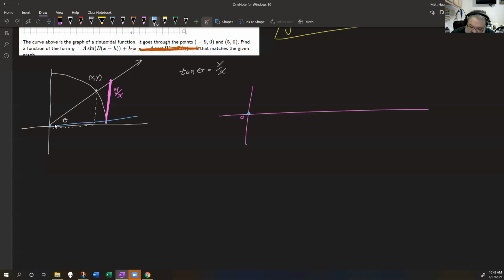And as that angle increases, that height is going to increase. So this function is going to get bigger and bigger, and it's going to get very big after a while.